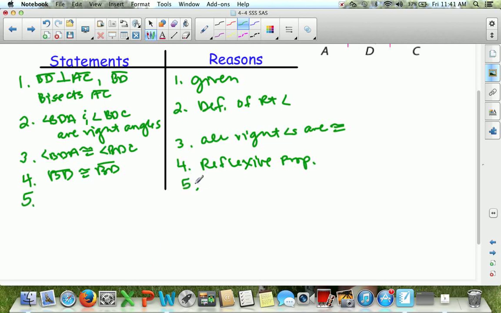And we also had mentioned that AD is congruent to DC, order does matter here, because of the definition of segment bisector.